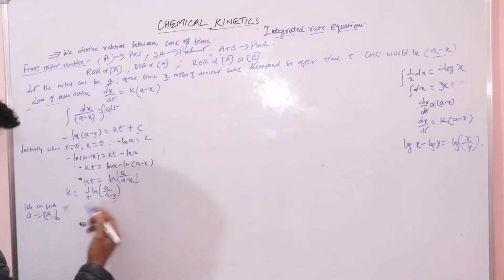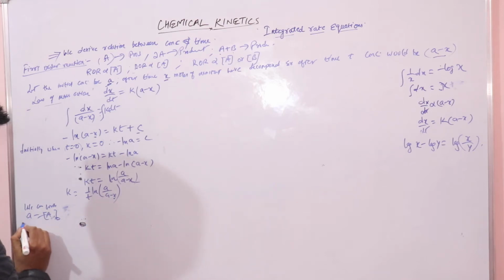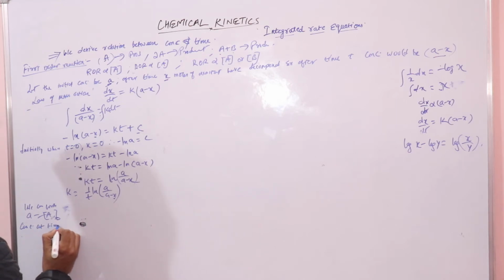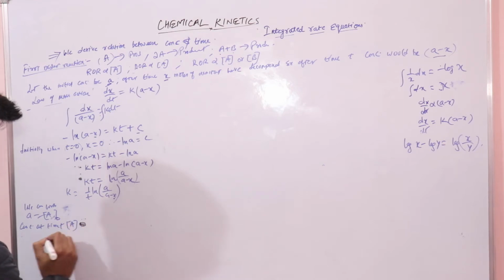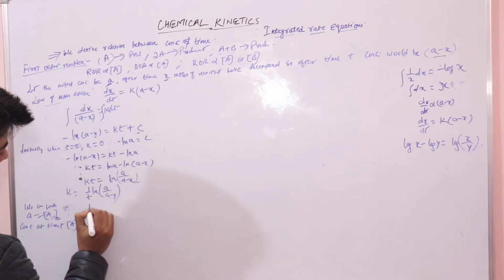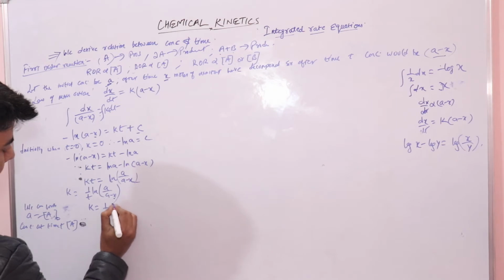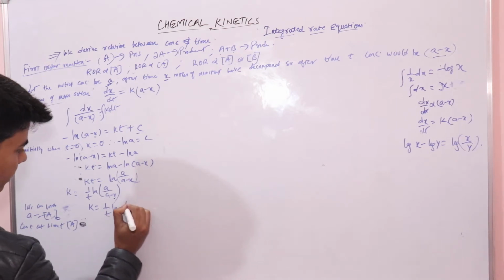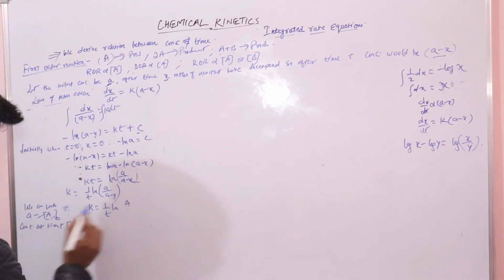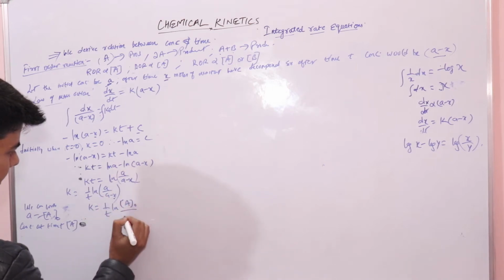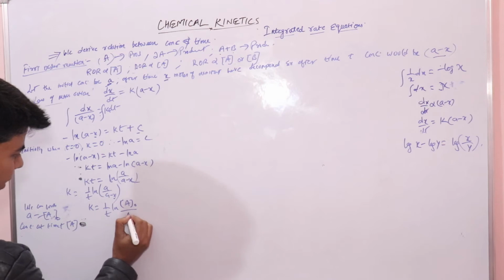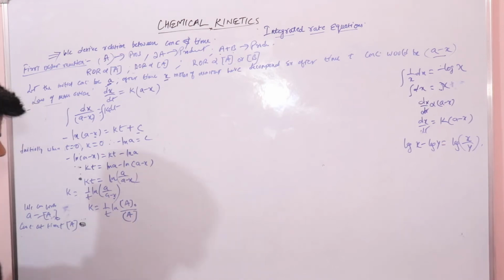And this is the concentration at time t, which is your A, right? It will look more simple if we write it this way. A0 in place of A, this is your initial concentration, so this is your concentration at time t. It would be like this, right?